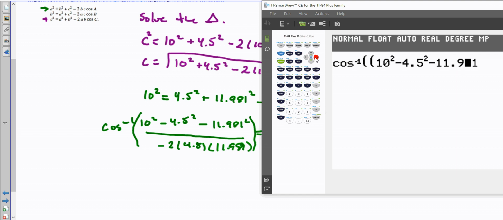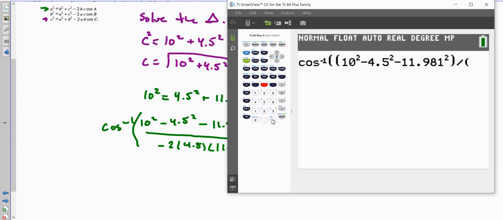And we're going to square that. Close parentheses, divided by, we're going to now group the bottom part together, divided by negative 2.